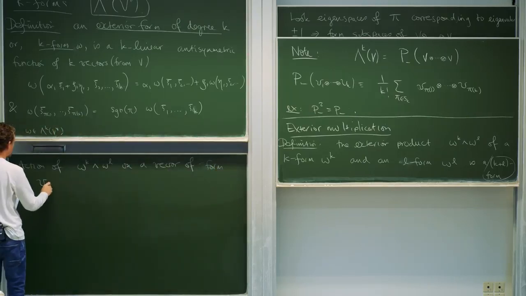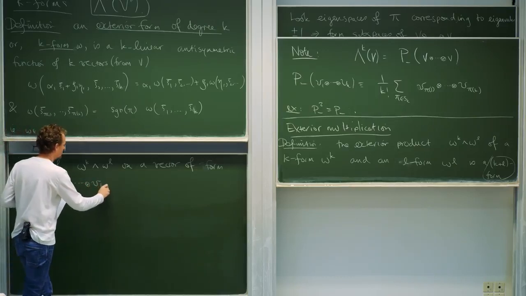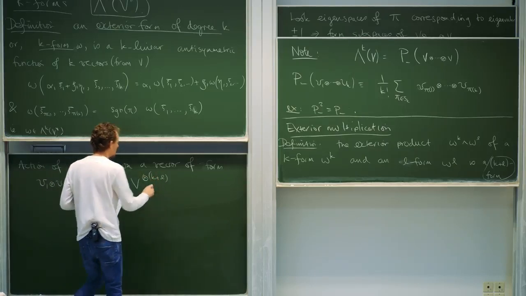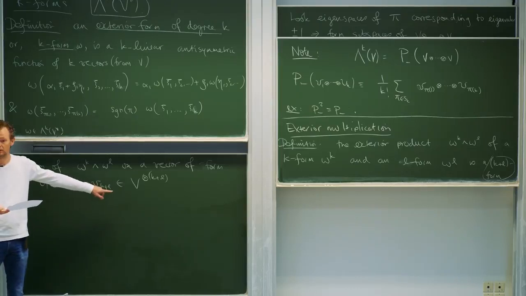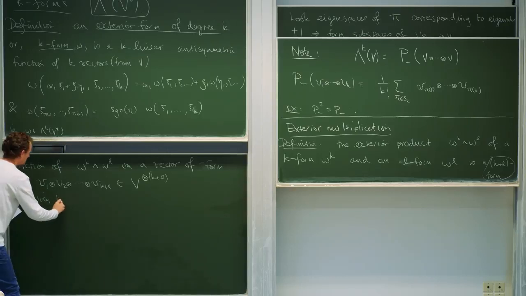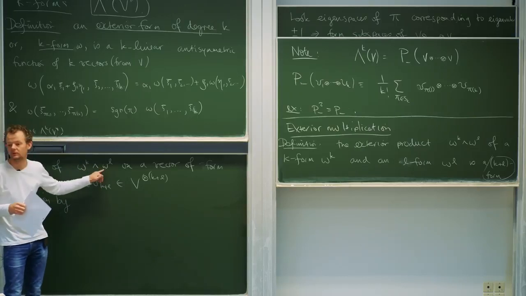of the form V1 tensor V2 all the way up to k plus L, so the action on a vector of this form here, is defined by demanding that it basically acts like the product of these two things, but corrected to make it antisymmetric.